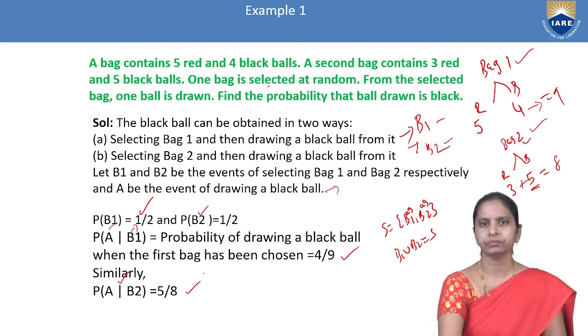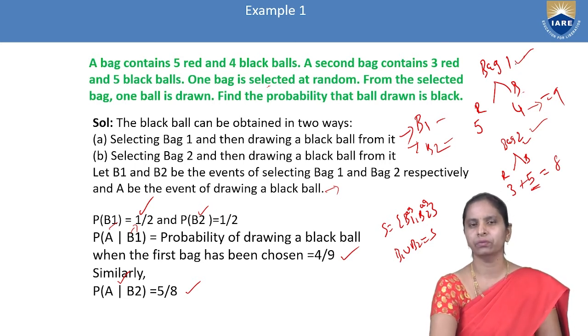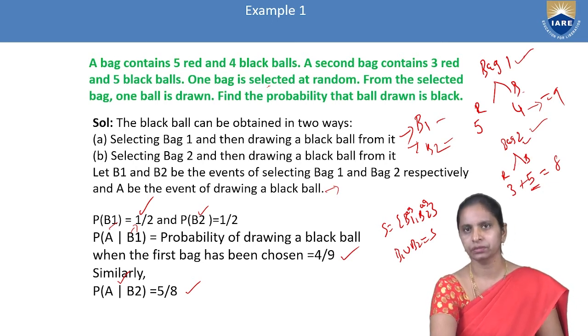Now, I have written the probability of selecting bag 1 and the probability of selecting bag 2. After that, I have written the probability of selecting a black ball given that it is from bag 1, and the probability of selecting a black ball given that the ball is drawn from bag 2. I have defined all these probabilities.